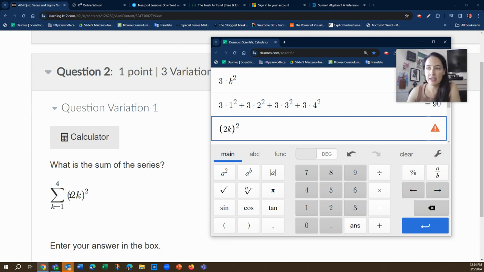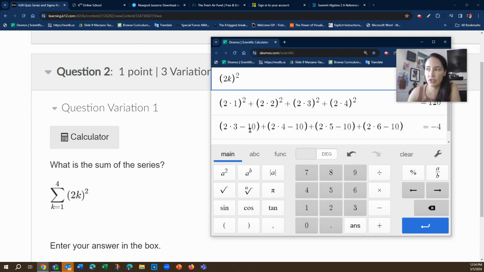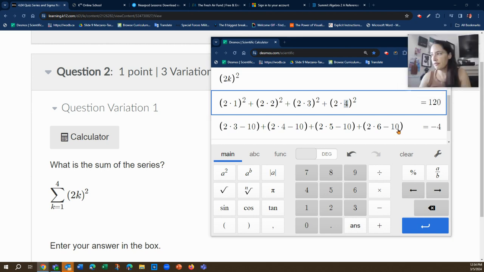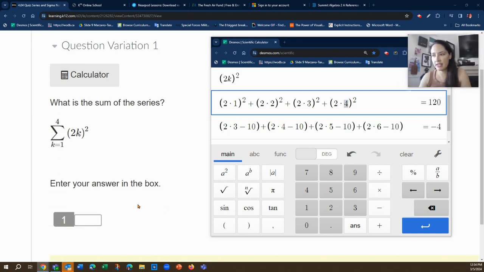In this case, you need to do 2 times k first. So starting at k equals 1, you do 2 times 1 plus 2 times 2 plus 2 times 3 plus 2 times 4, all of that inside the parentheses, and you'll get 120. Does that make sense?